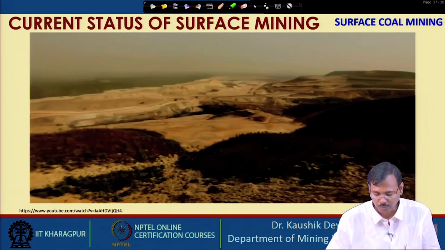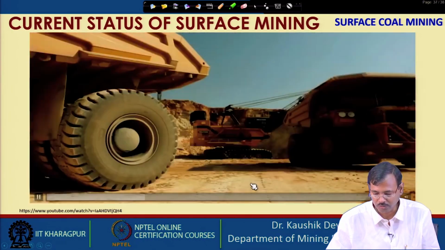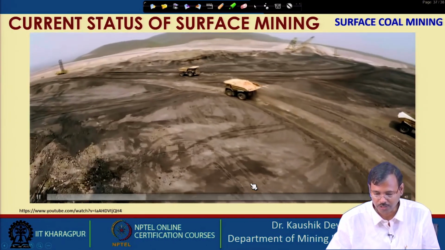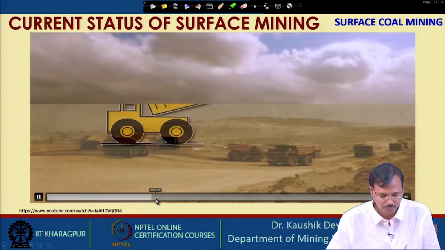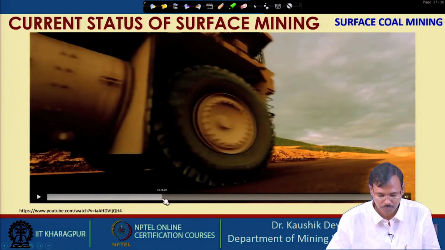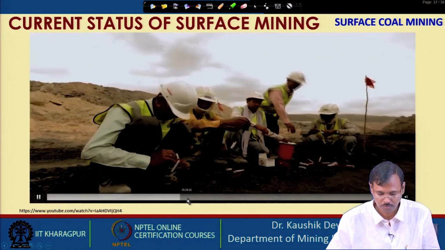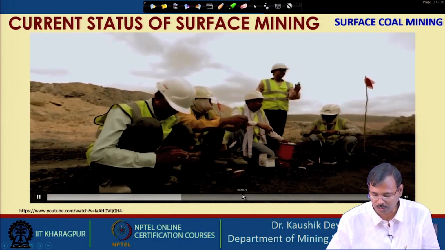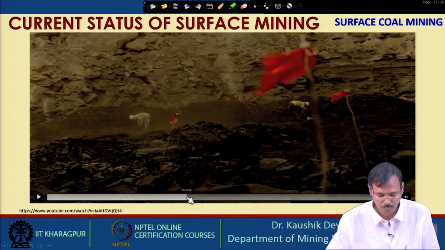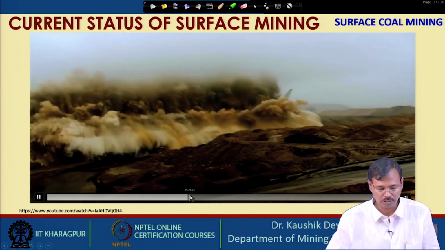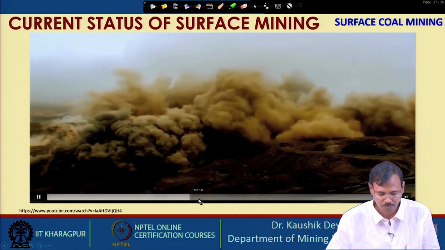This is the water sprinkling system. This is the excavator, the shovel, which is taking the material and loading it onto the dumpers. You can see explosives are used for carrying out blasting. This is a very big chunk of rock mass being blasted using explosive.